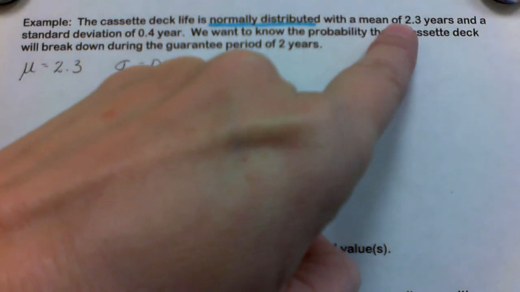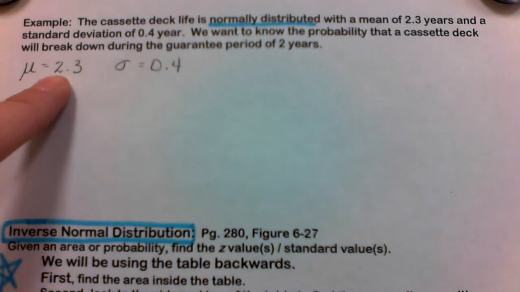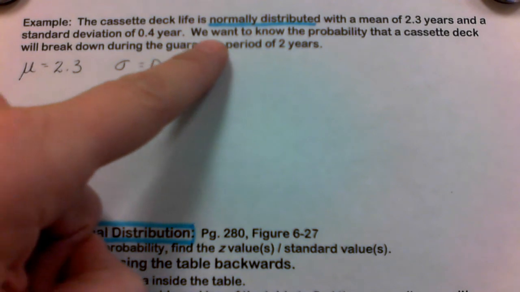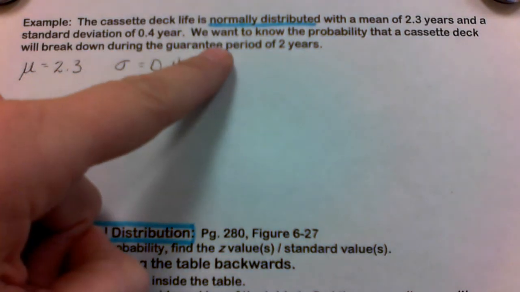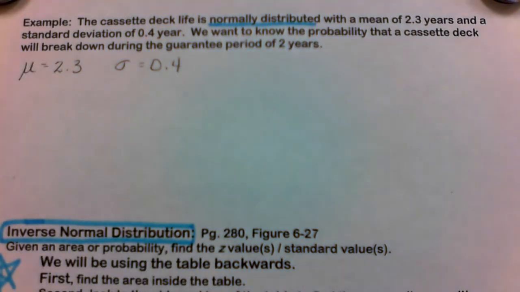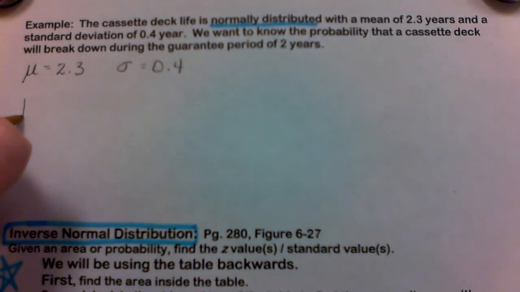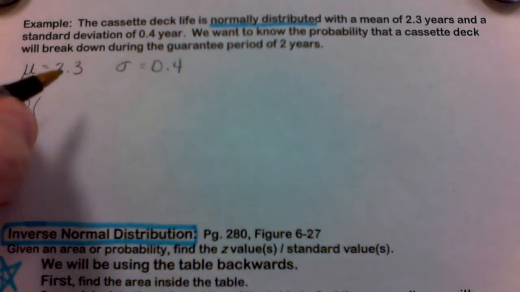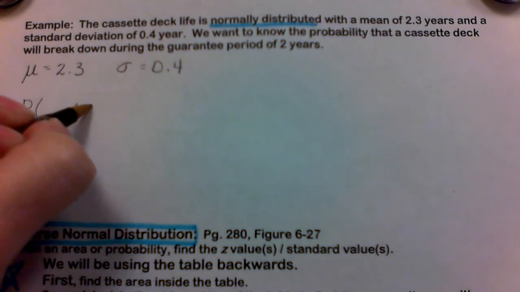We have a mean of 2.3 years, I've written that here, and a standard deviation of 0.4 years. That is written here. We want to know the probability that a cassette deck will break down during the guarantee period of 2 years. So what we have is the probability that it will break down. It's guaranteed 2 years or less.